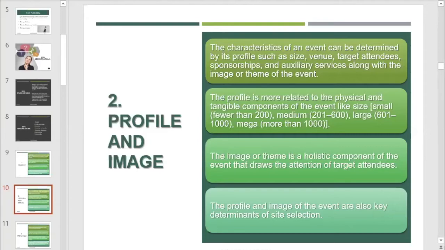My question is actually centered around the profile and image. As in looking at the category of people and then selecting the venue for the event. So does it mean that, let's say, if there are a group of Presbyterian or Methodist Reverend ministers, and they want to have like an end of month gathering, because of their profile, they should have it in one of the mission premises?